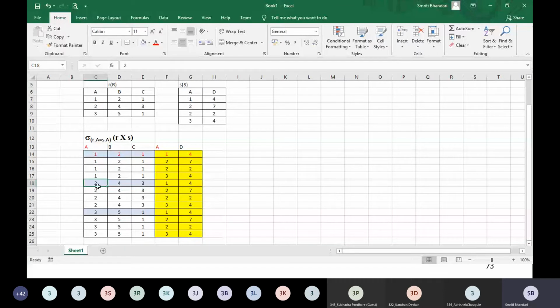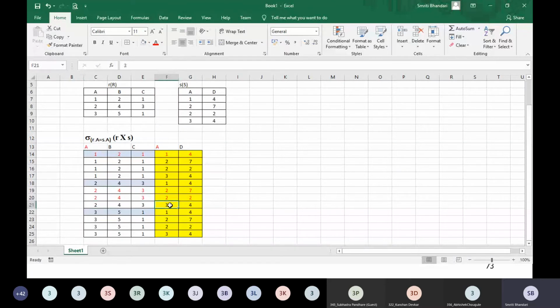Now, if we consider this fifth tuple in R cross S, whether 2 is equal to 1, no. Whether 2 is equal to 2, yes. So we need to pick this tuple. Whether this R dot A is equal to S dot A, yes. Here also it is same. So we need to pick this tuple.